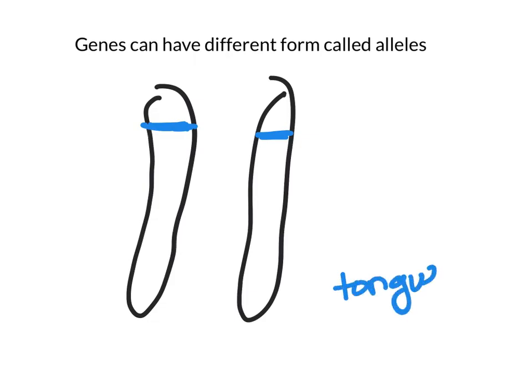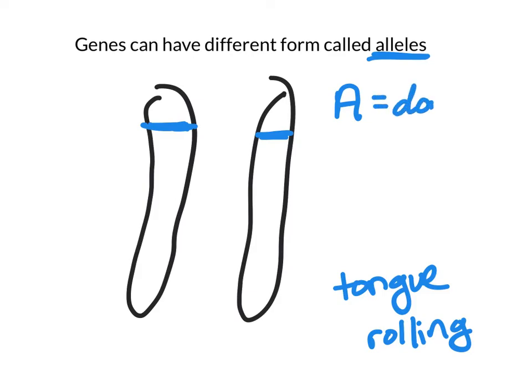So it's for tongue rolling. Now, you can have two different forms of a gene. Those are called alleles. So you could have an allele that is dominant, because we represent dominant alleles with capital letters. And remember that dominant alleles are stronger than recessive alleles.